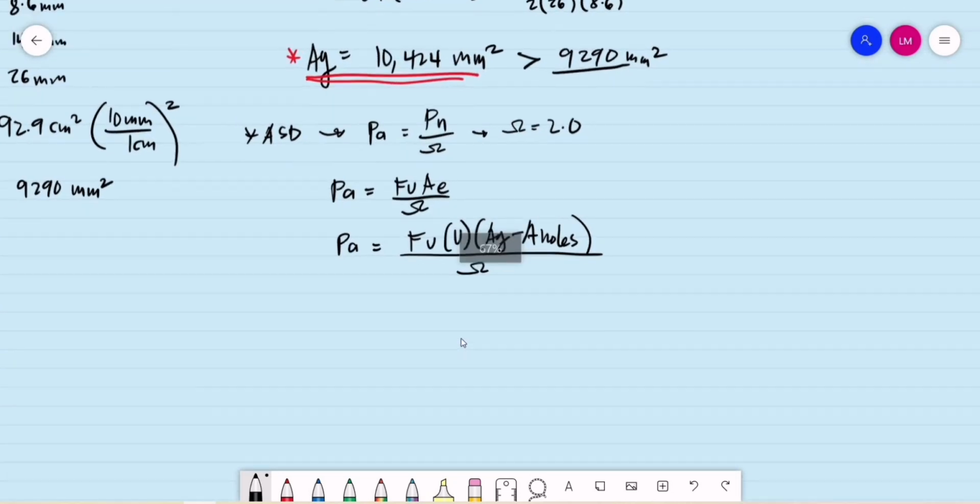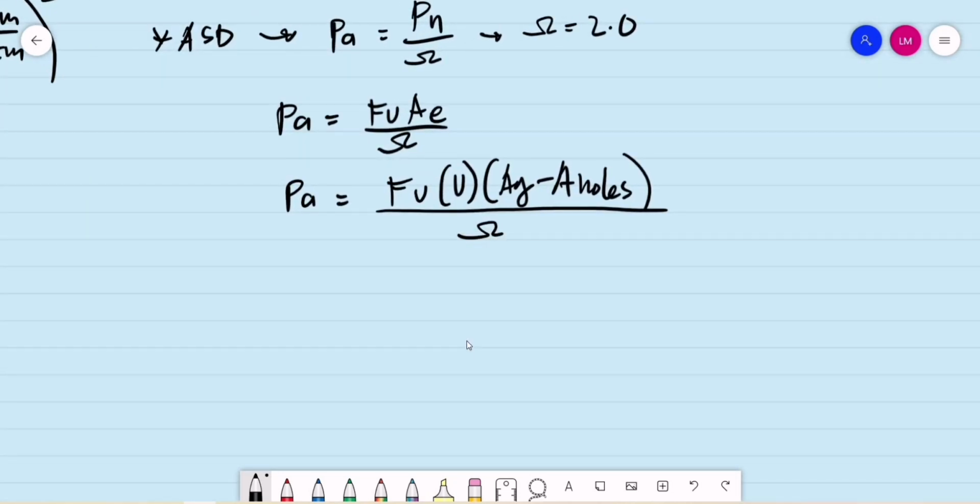If we manipulate this equation, the gross area is equal to Pa multiplied by omega divided by Fu multiplied by the shear lag factor U. Then if I transpose the area of the holes, that will be plus the area of the holes.